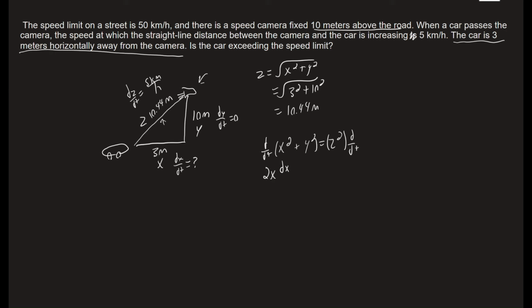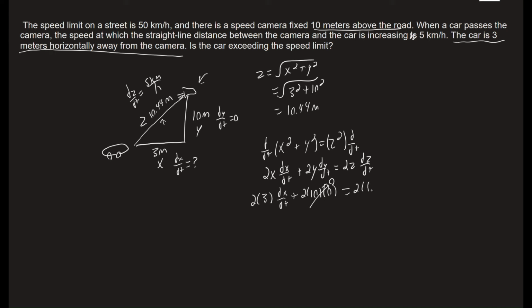So 2x dx over dt plus 2y dy over dt equals 2z dz over dt. So now let's just plug it in. Plus 2 times 10 times 0. This will all go to 0.